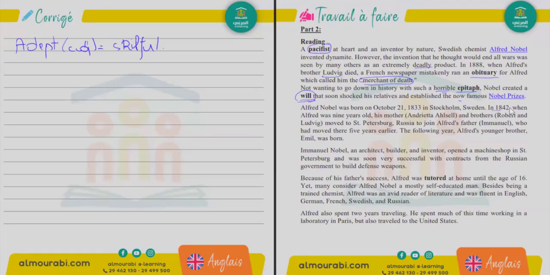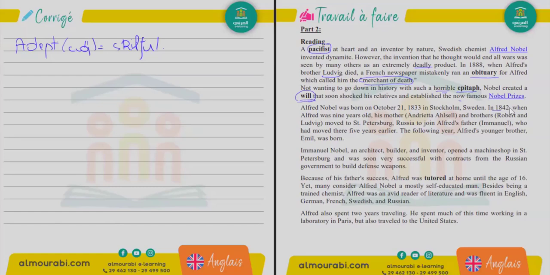In 1842, when Alfred was 9 years old, his mother, Henrietta Ahlsell, and brothers Robert and Ludvig moved to St. Petersburg, which is in Russia, to join Alfred's father, Immanuel, who had moved there 5 years earlier.